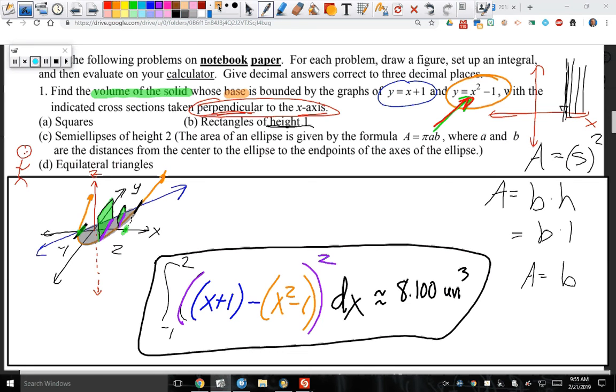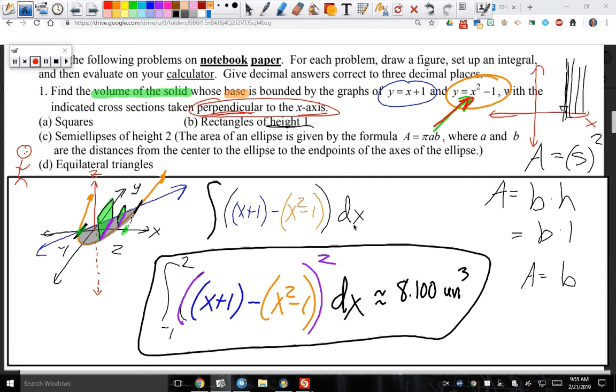So the top minus the bottom is going to be the blue function, which is x plus 1, minus the bottom, which is the orange function. Notice the parentheses are very important. This whole thing right now, guys, is B. It's very similar to what we did before, but the big part is that I'm not going to square it. I'm just multiplying it by 1.